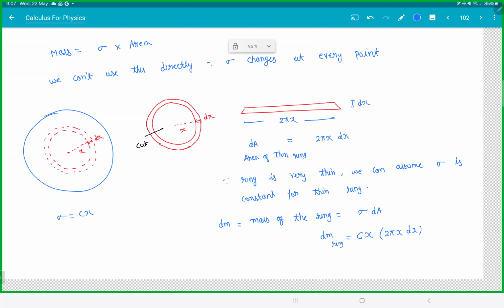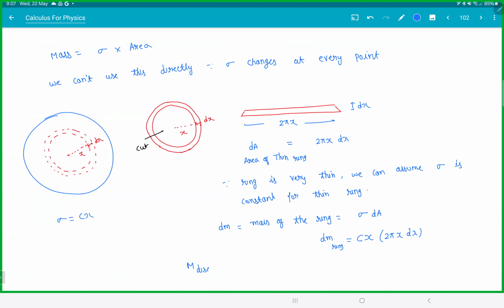You want to find the mass of the disk. What should you do? You should add all the rings' mass. Integral dm of the ring. So this would be integral 2 pi c x square dx. Again, the x values will go from 0, the center, to the outside point r. 2 pi c is constant. This is integral x square dx from 0 to r. That would be 2 pi c r cube by 3.